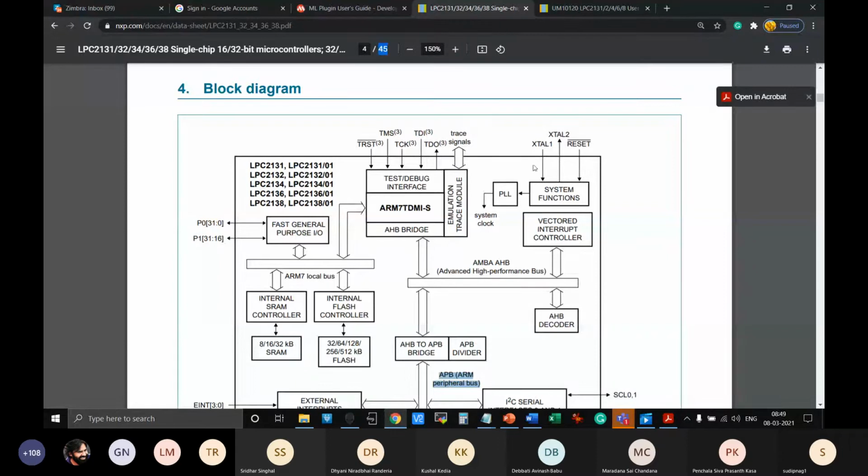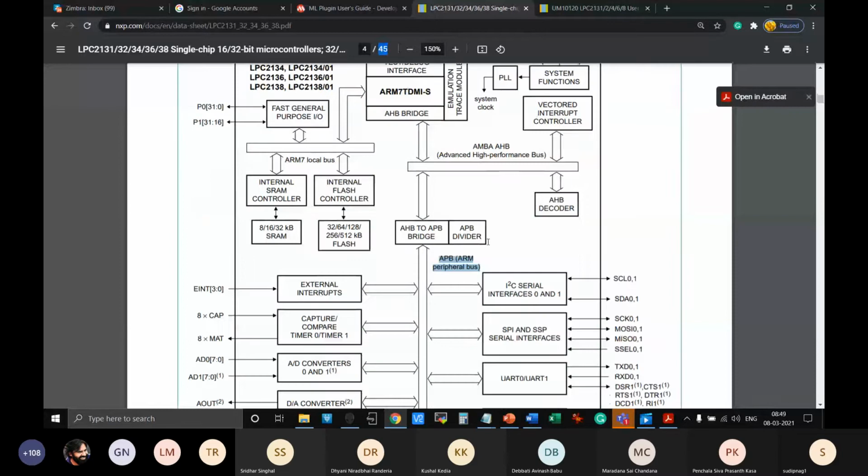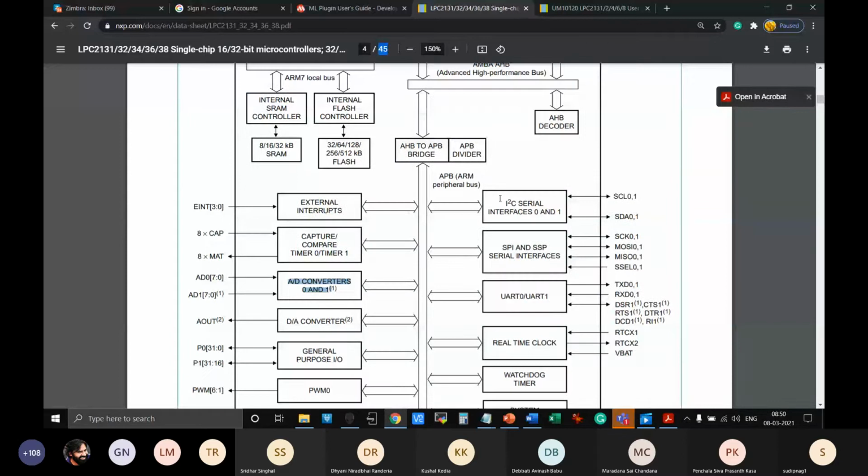Now the system clock gets divided by a certain factor, and then it comes to all these peripherals. So the A to D converter must be receiving a smaller clock frequency from the system clock itself. You have to always keep that in mind.